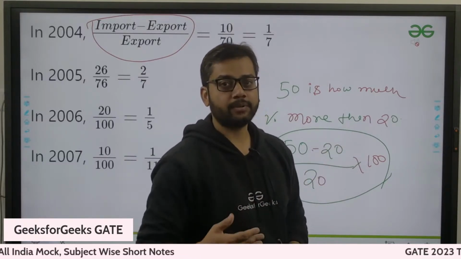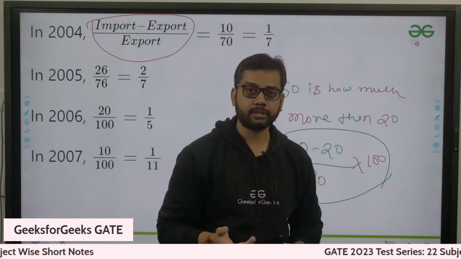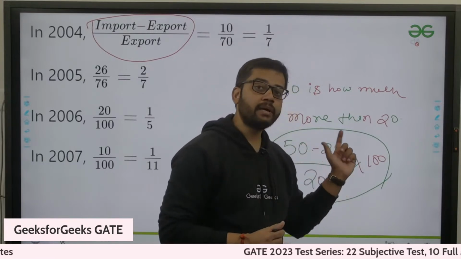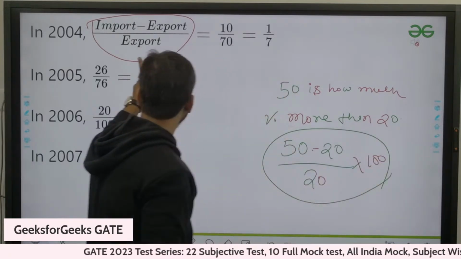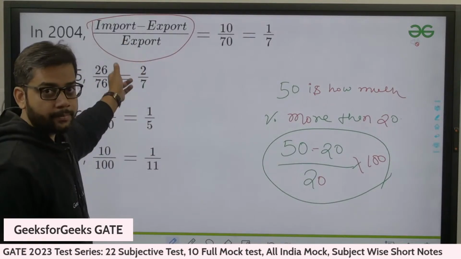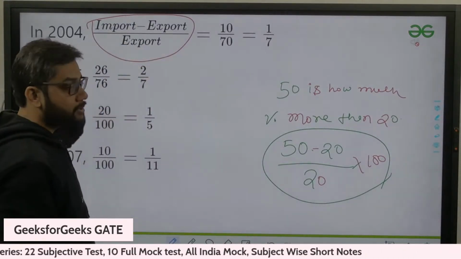This 50 is more by whom? 20, and that's why this 20 will come in the denominator. The same thing I'm writing over here: import minus export upon export.